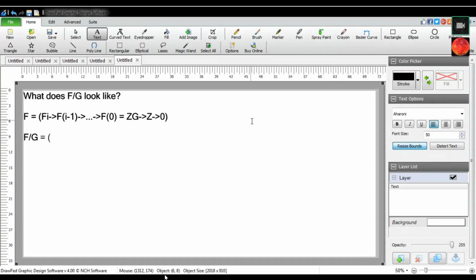Then the chain complex F over G looks like this, termwise dividing by the G action. And this ends in F_0 divided by G. The last Z we just throw away and write a 0 here. This is what this chain complex looks like.